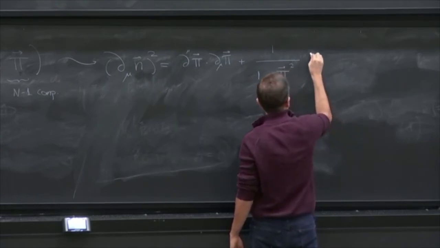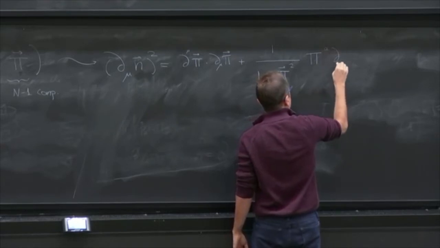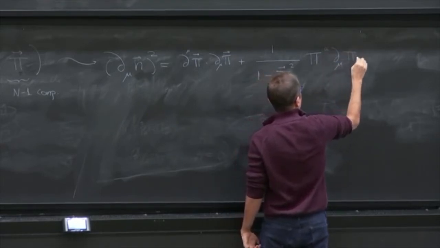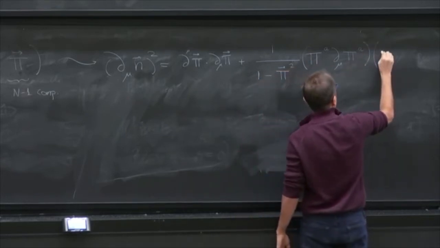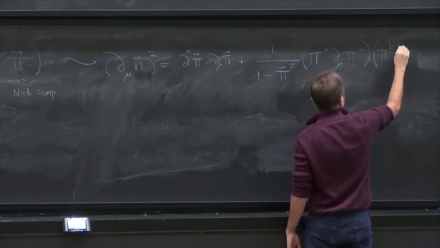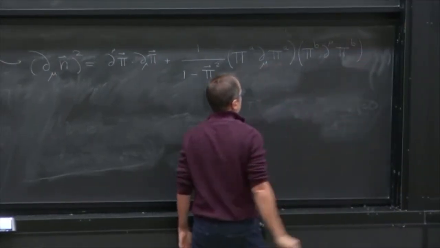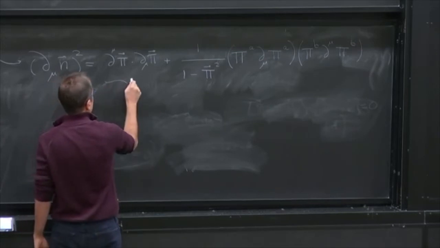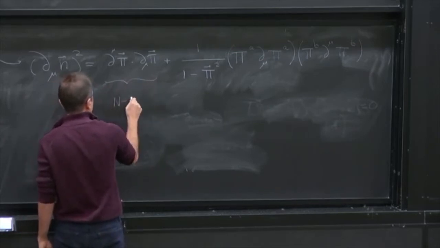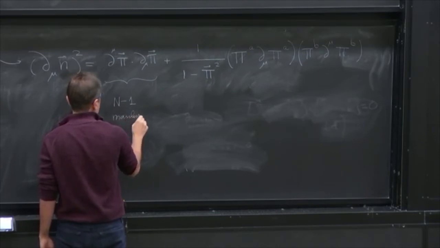And then you get, let me write explicitly, pi index A del mu of pi index A, that was from the derivative of 1 minus pi square, and then pi index B, derivative with respect to mu of pi index B. And so this would tell you that you have n minus 1 massless fields.